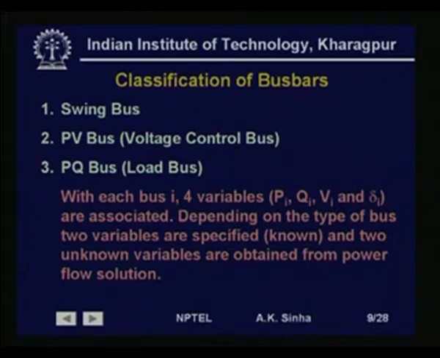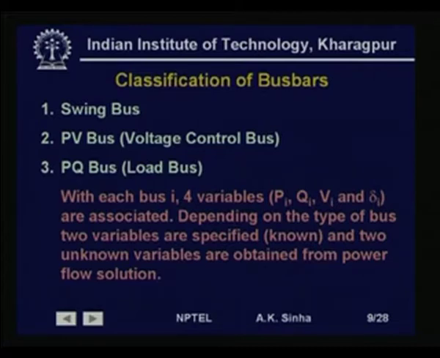So, we have different types of bus bars in a power system, and in fact, the solution of the power flow equation depends on the type of bus bars that we have. As I just mentioned, we have a slack bus where we do not specify the generation, but we specify the voltage magnitude and the angle.